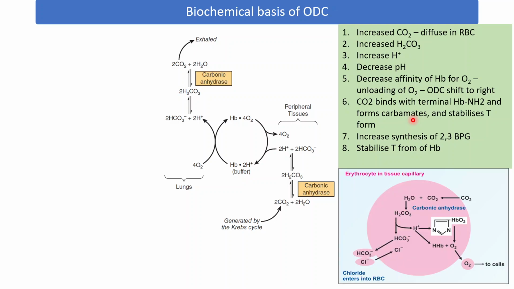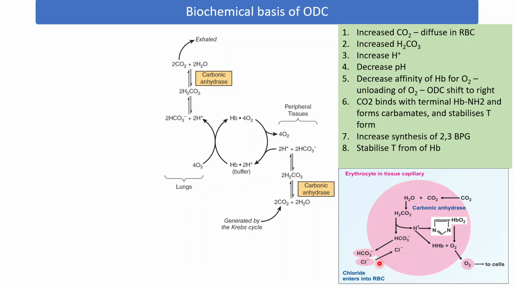Similarly, you can see over here, the carbon dioxide which is produced goes inside. Same thing, H positive ions are buffered and bicarbonate is formed. Now this bicarbonate goes outside the RBC, and chloride goes inside the RBC, which is called the chloride shift, or Hamburger effect.